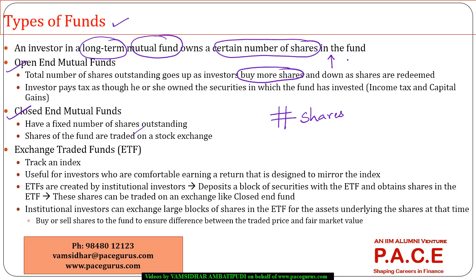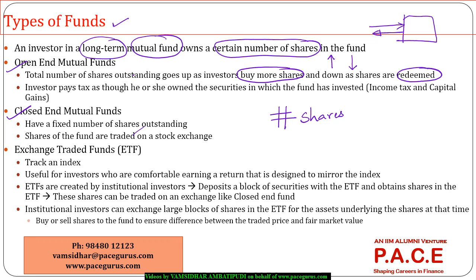If I keep selling more and more shares, redeeming more and more shares, the total number of outstanding shares will go down. So there is a fund, I am buying into the fund, I am selling the shares of the fund. So I am buying new shares, the number of shares are going up. I am selling existing shares, the number of shares are going down. That is why we are calling it open-ended.